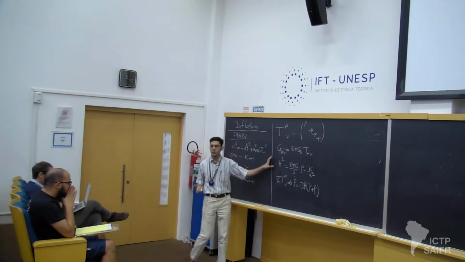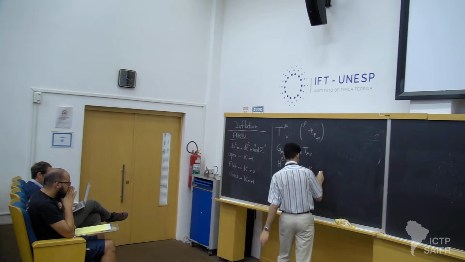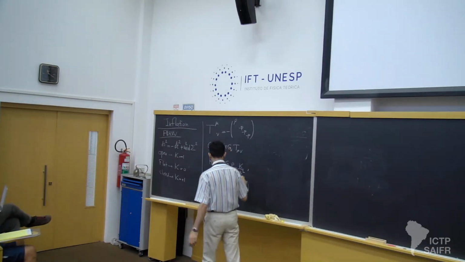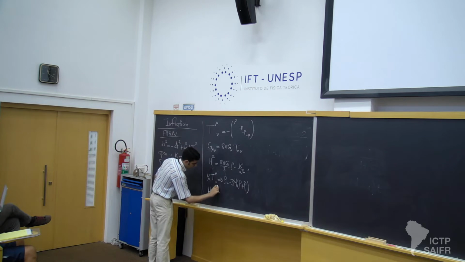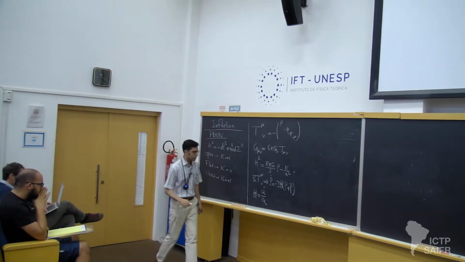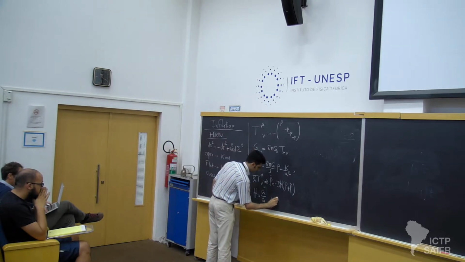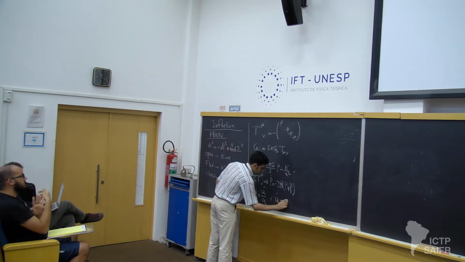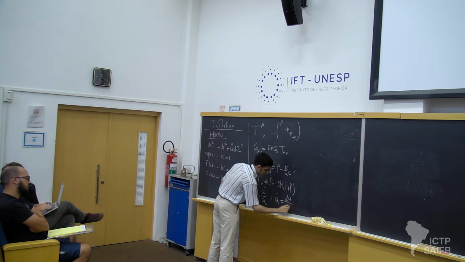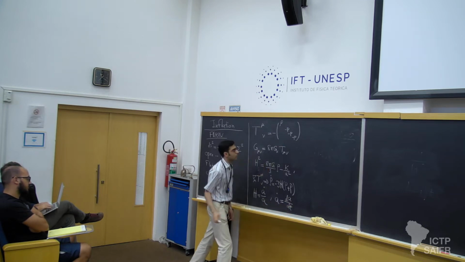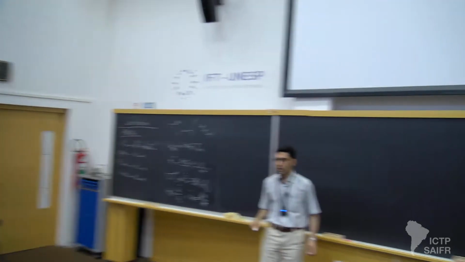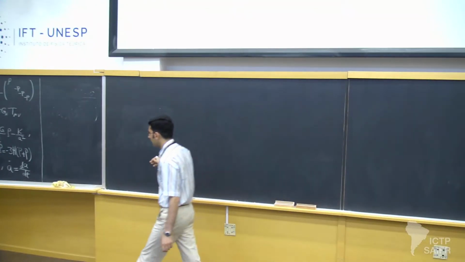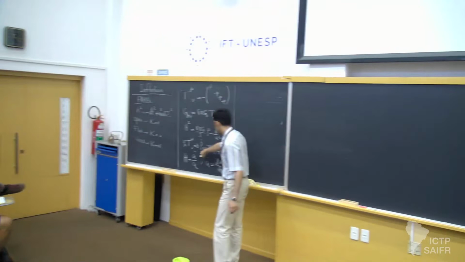I should say that H here is defined as a dot over a, where dot corresponds to d by dt. So a dot is equal to dA by dt, and similarly for rho dot.